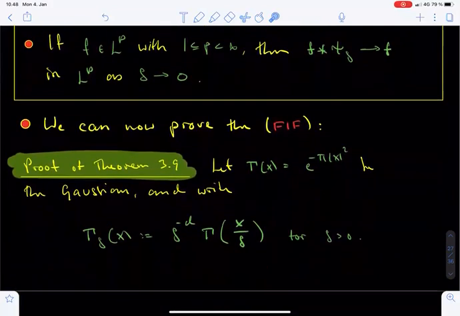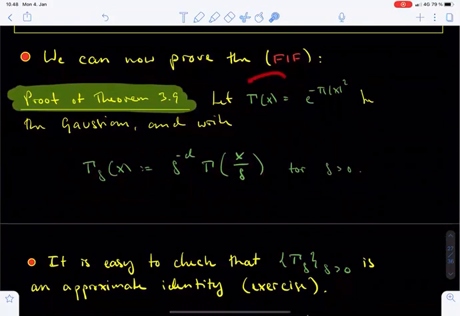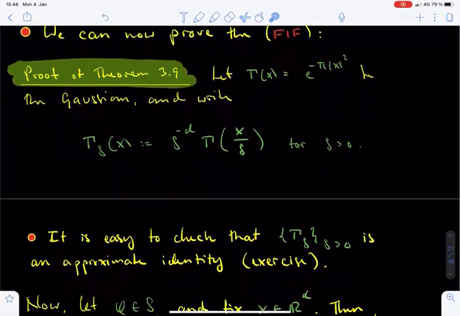We are then ready to prove the Fourier inversion formula for Schwartz functions. We start by noticing that the Gaussian function gamma can be used to construct an approximate identity. Namely, for a positive parameter delta, define the function gamma delta by setting gamma delta of x equals delta to the power minus d times gamma evaluated at x divided by delta.